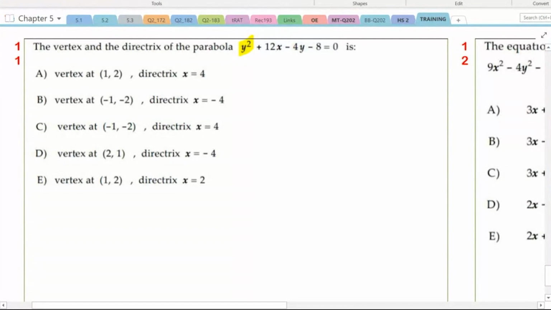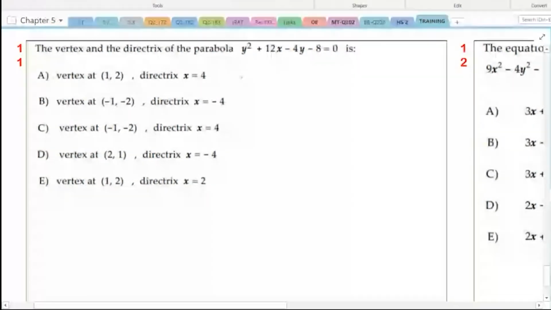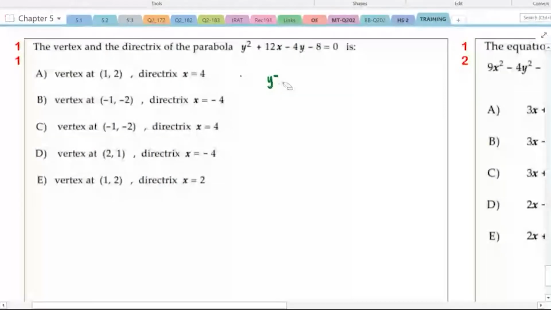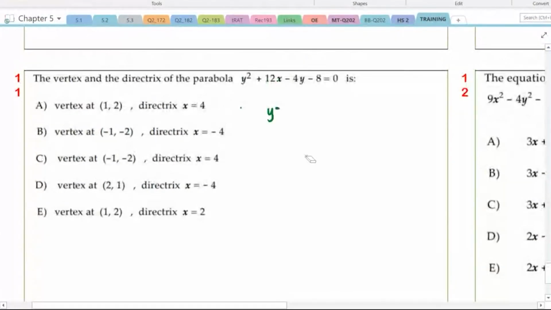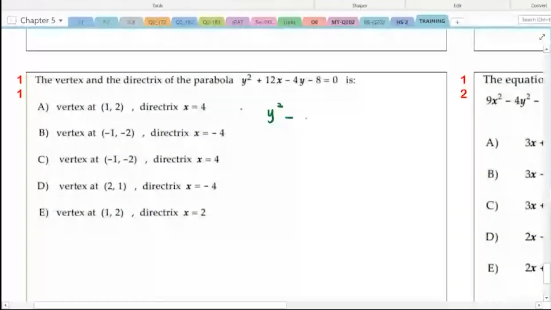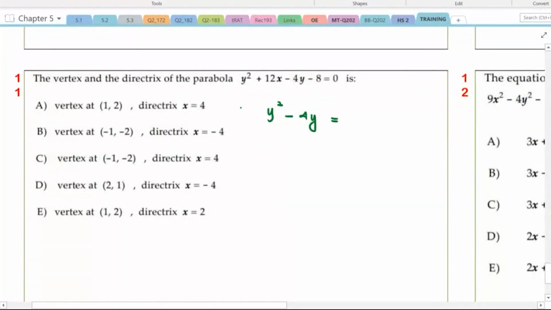And that means we are talking about a horizontal parabola. Let us check it out. Why do we say it's horizontal? We have y squared minus 4y. Now let us push the other ones to the other side.